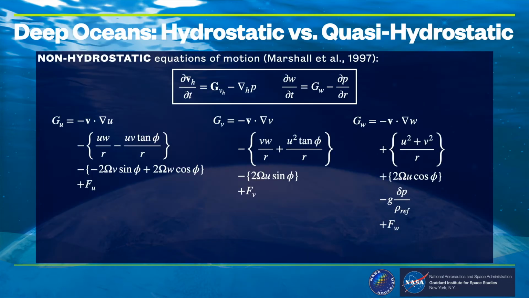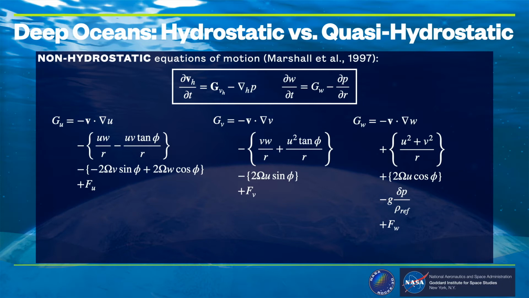Another assumption that we should reassess when moving to exoplanet oceans, whether at the surface or subsurface, is the use of the hydrostatic form of the equation of motion that was developed for global climate models on a planet with a shallow ocean like Earth.